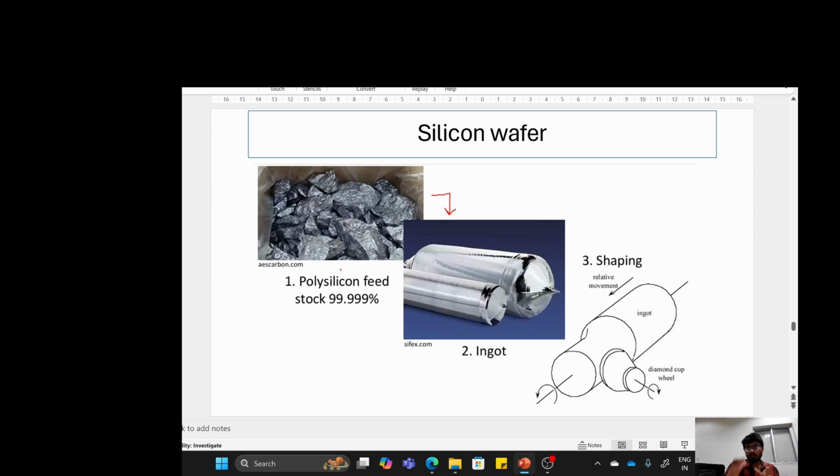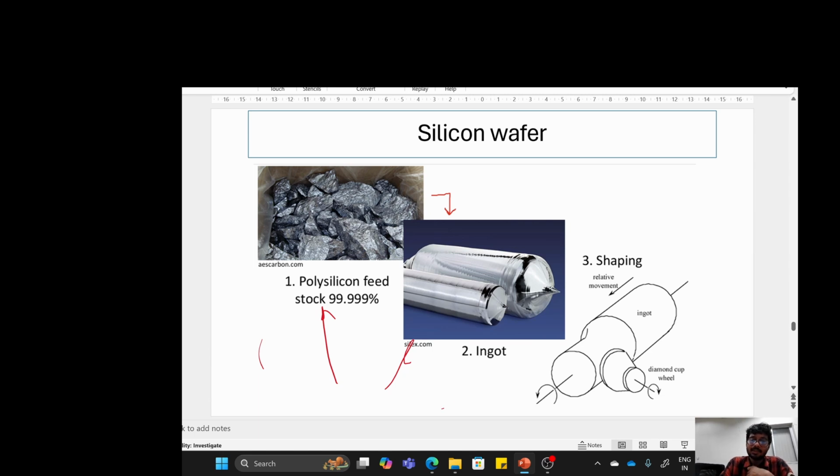So where we are getting the silicon from is sand, to silicon wafers. First you feed polysilicon into the high temperature furnaces, and you make the silicon ingot.